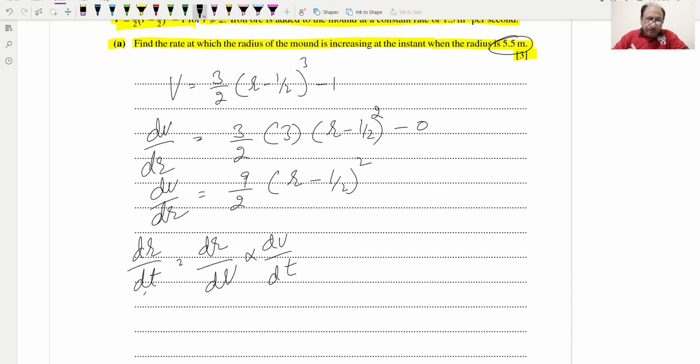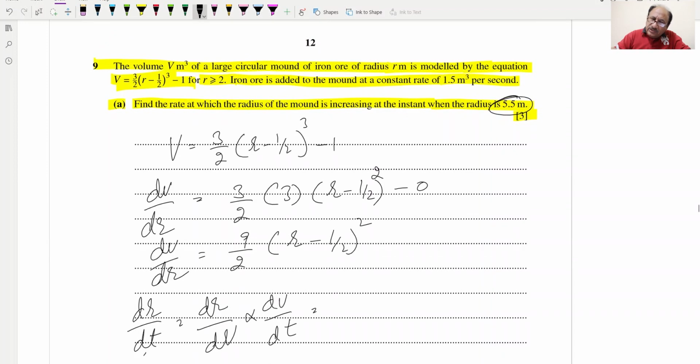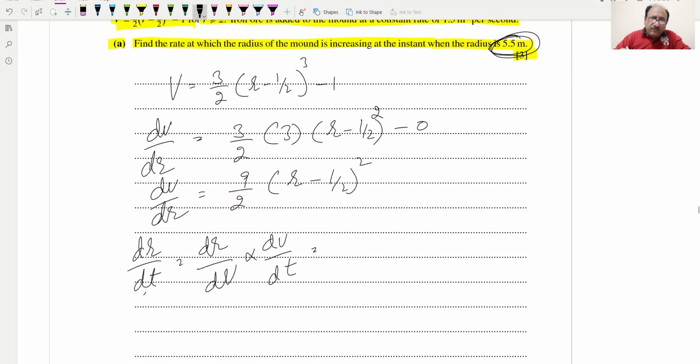So this will be dr over dv, which we found is basically this one. We can write this as d radius dr over dv, which is this one, which is 5.5.